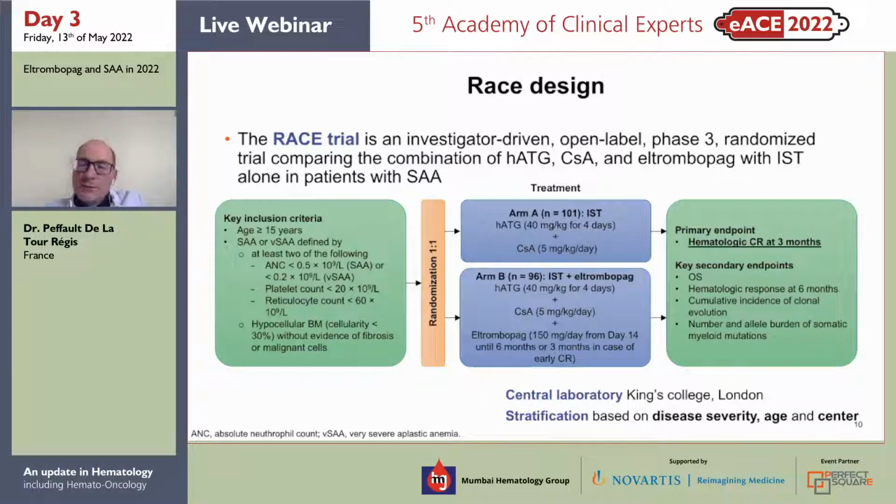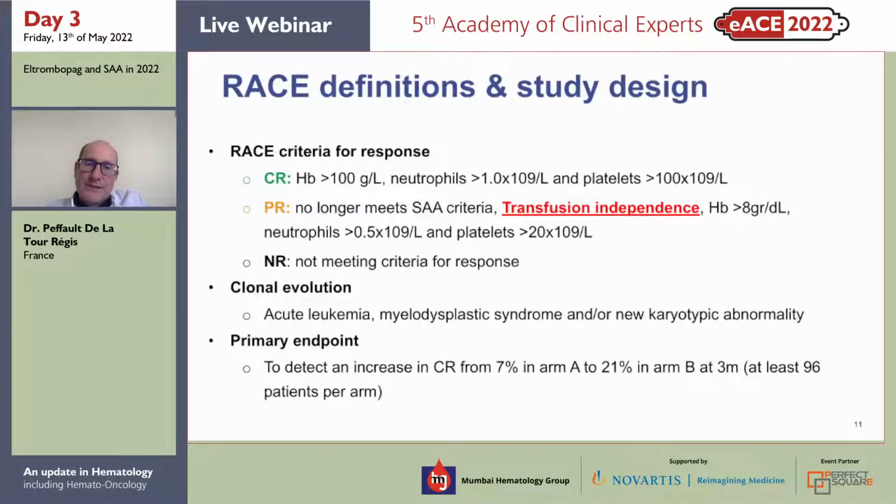That's the reason why we also included this in the stratification factors. So here are the definitions in that study. As you can see, for the complete remission criteria, there was no difference. However, for the partial response criteria, as I told you before, we were prone to consider patients in partial response if they were transfusion independent.